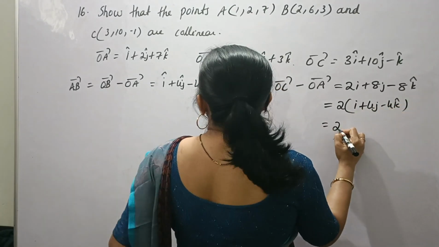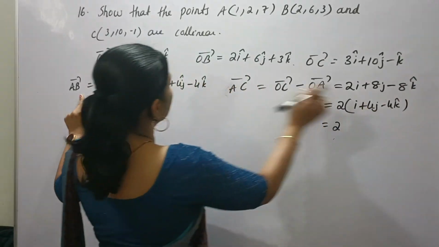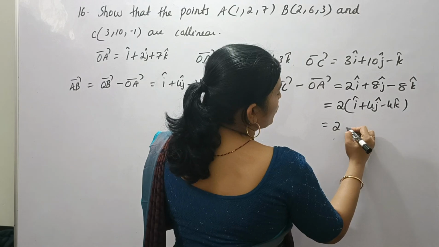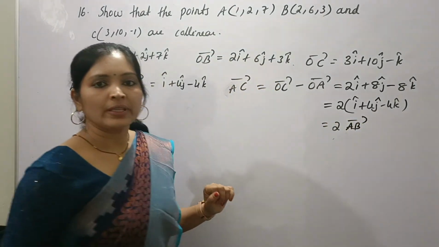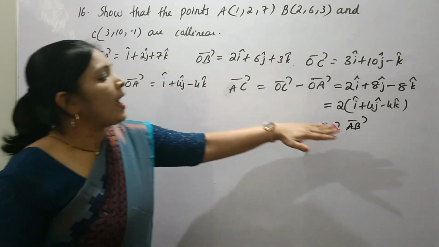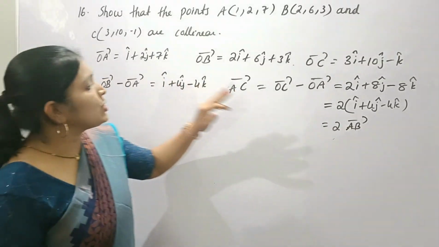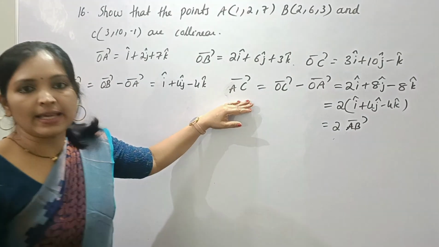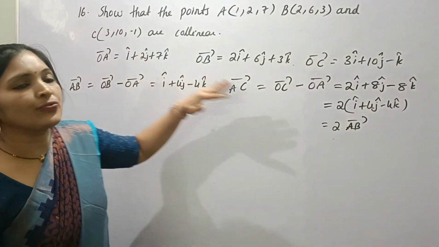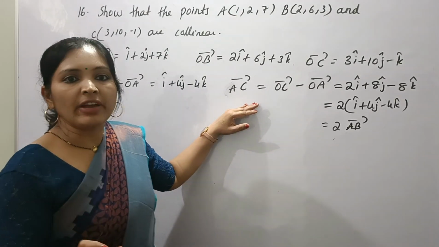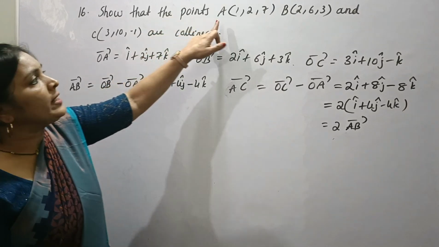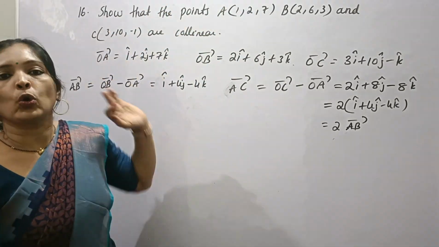That is 2 into vector AB. See, it is nothing but vector AB, right? So here 2 into vector AB. So we have got vector AB and vector AC are parallel vectors, and A is a common point. Therefore, points A, B and C are collinear.